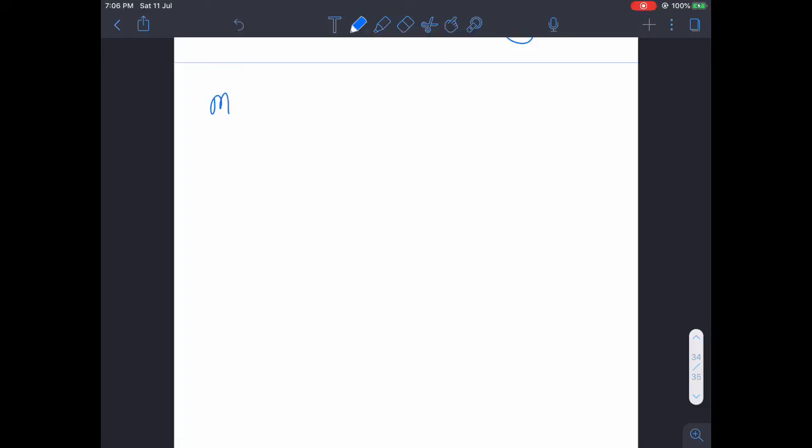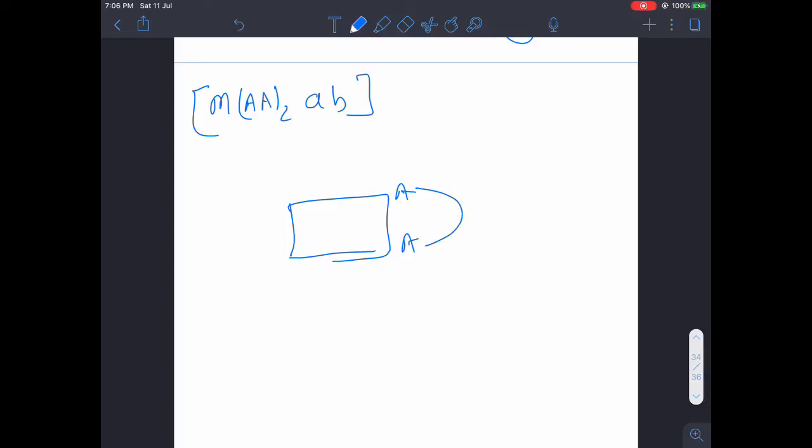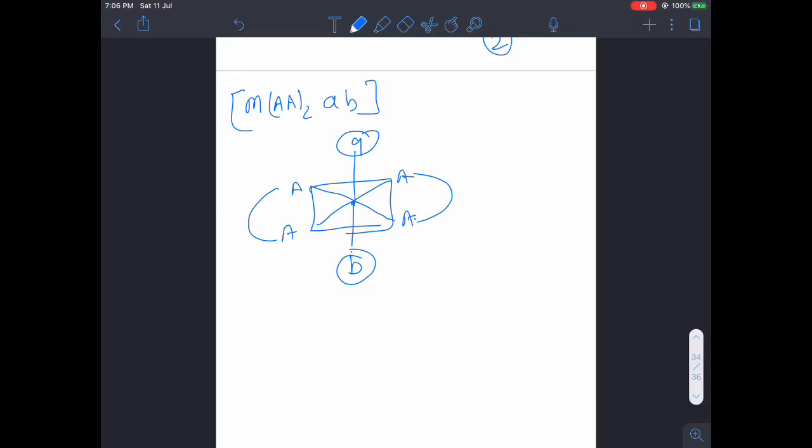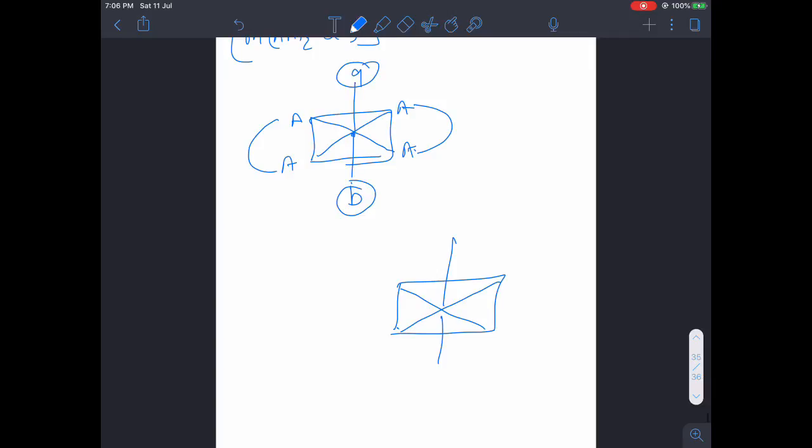So, M(AA)2AB, what we can do here? One of the best things about this is AA and AB, as you can see here, AB at 180 degrees. The other case that is possible here is when I take A and A here and A and A here, that means AB over here.